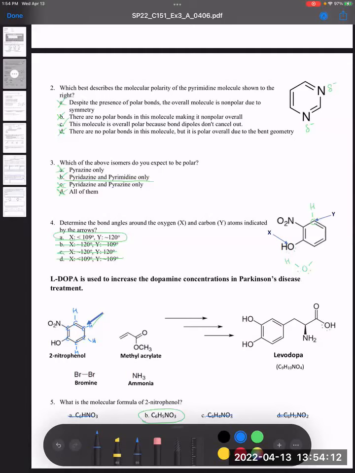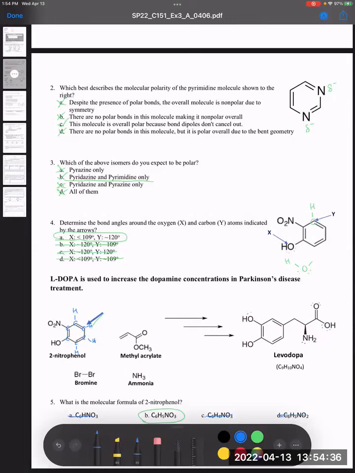Same thing here. We have 2 bonds in this oxygen. Therefore, we have only 4. We need to add 4 more electrons by adding 2 lone pairs. This nitrogen over here has 2 nitrogen-hydrogen bonds and then 1 nitrogen-carbon bond. That means 6 electrons. We need to add 2 more electrons by adding a lone pair to that nitrogen.